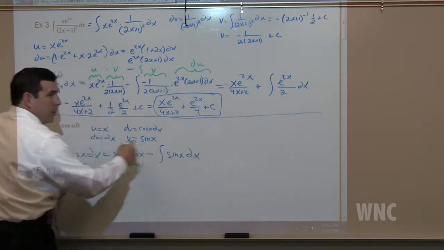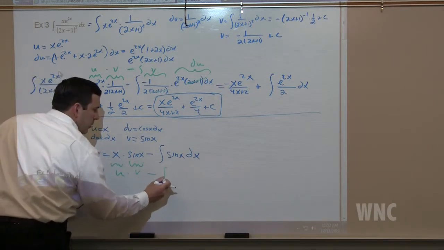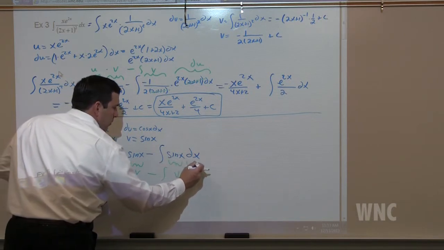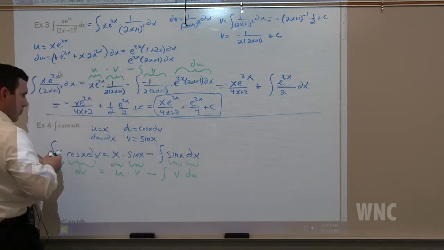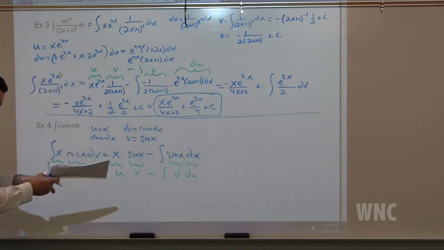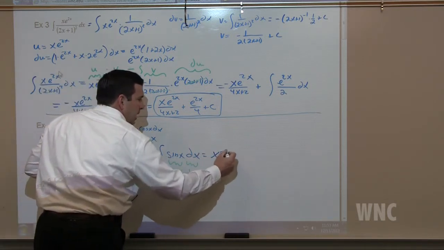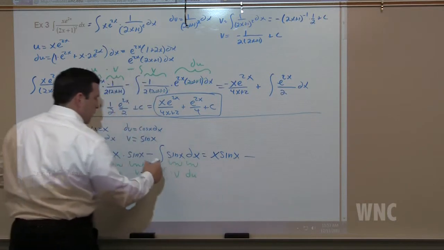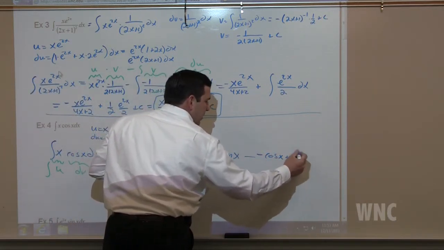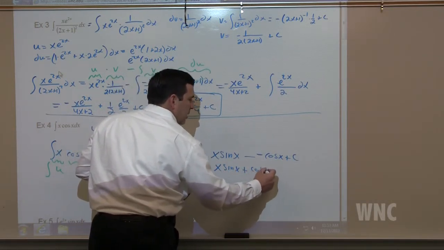Hey, that's not a bad one to do at all. Integral sine x dx. So minus the integral of v du. I smashed my pen. Okay. That's going to be x sine x minus, so the integral of sine x dx is negative cosine x plus c. So it's x sine x plus cosine x plus c.